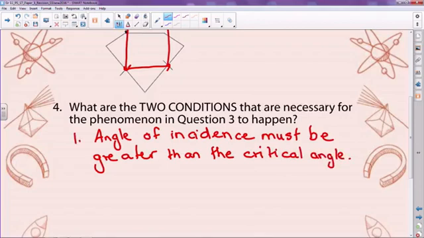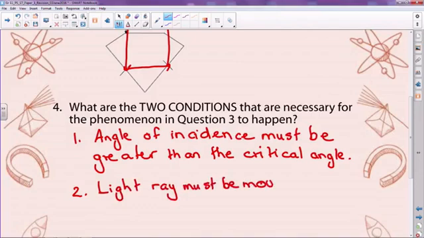The second condition is your reference to your optical density or your refractive index. The light ray must be moving from a higher optical density.